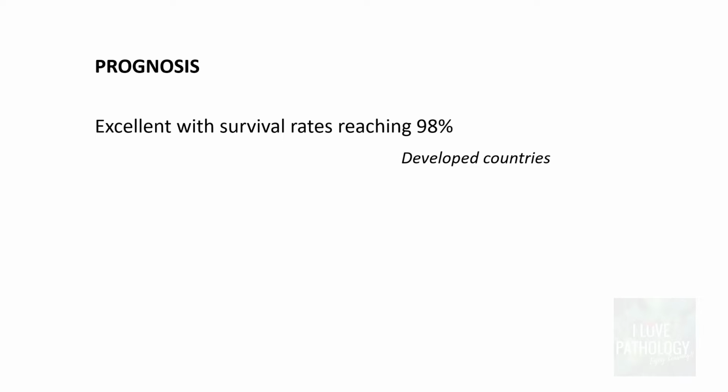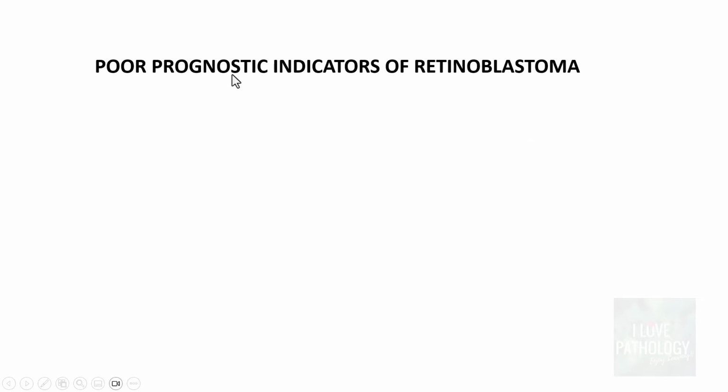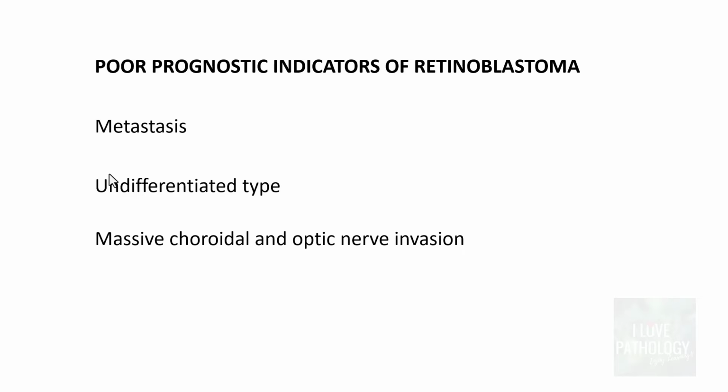Okay, because in developing countries, patients usually present at very late stages and in advanced cases, and that's where we come to the poor prognostic indicators of retinoblastoma. If it has already metastasized, if the tumor is of undifferentiated type, or if there is very massive choroidal or optic nerve invasion. If you find any of these, the patients do not really fare well.